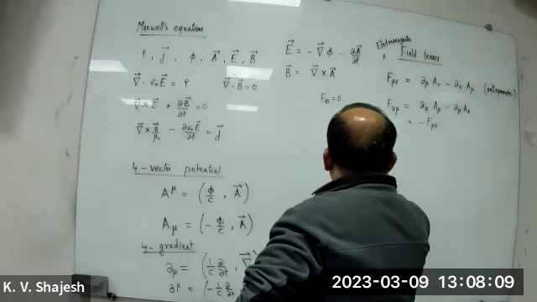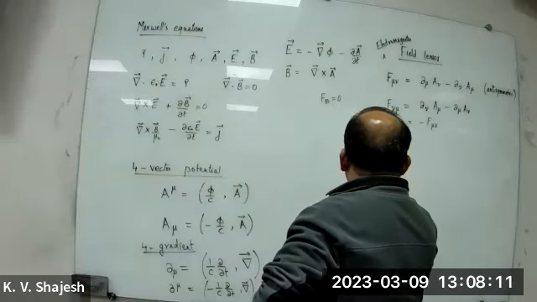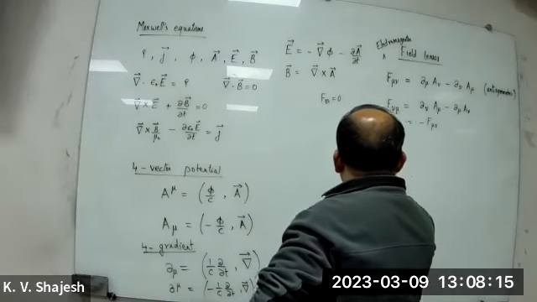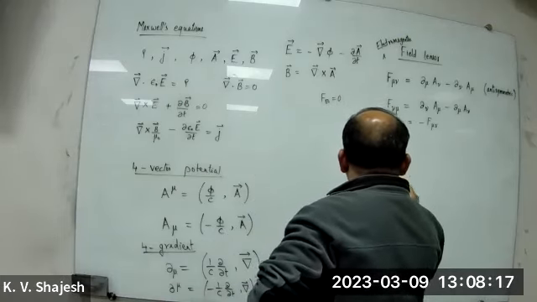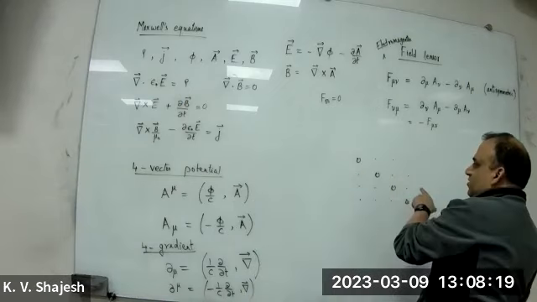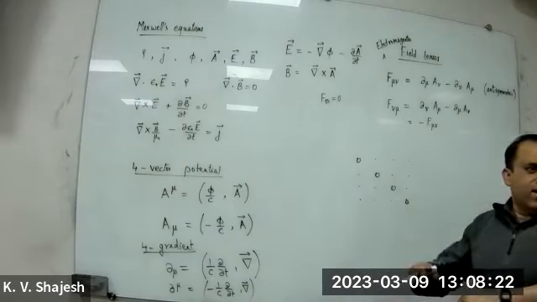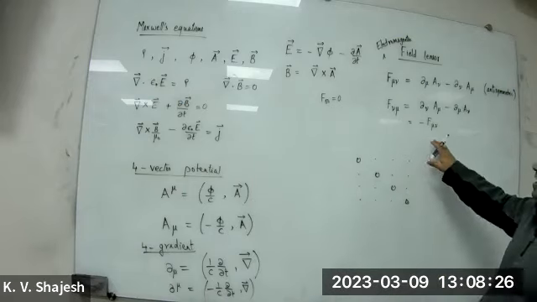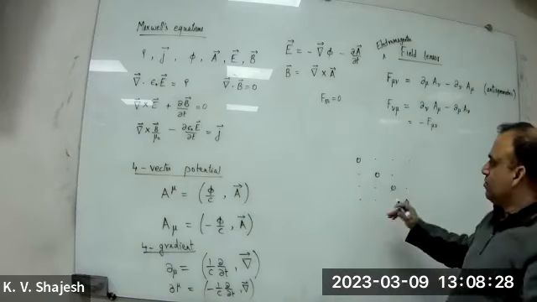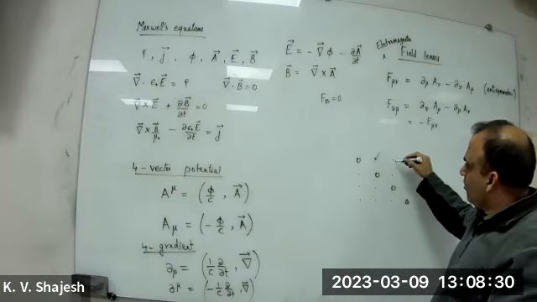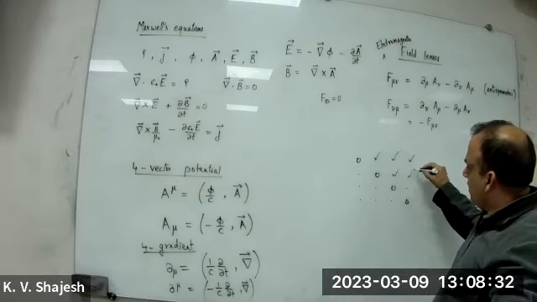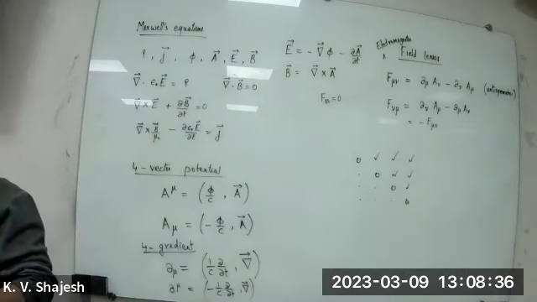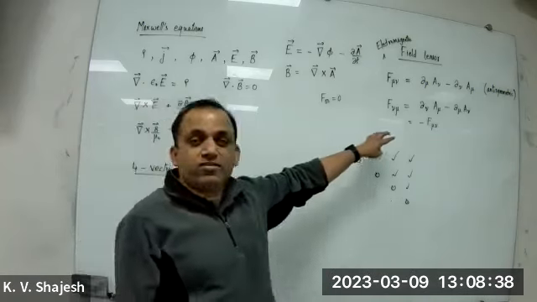These are all zeros now, gone. But these are the same as this, except that they're negative. When I transpose it, I get a negative sign. So these are not independent. So this is the only independent one. And as Aryan pointed out, there are 6 independent components in this.